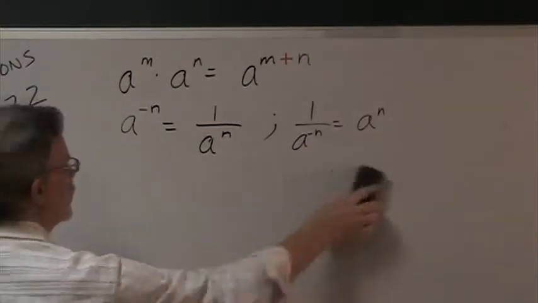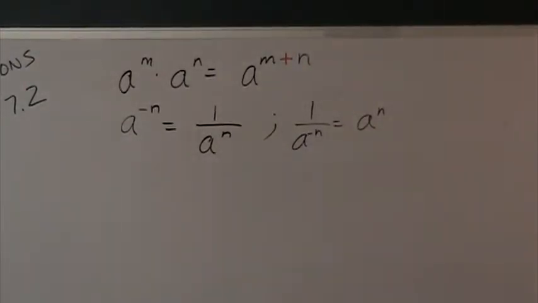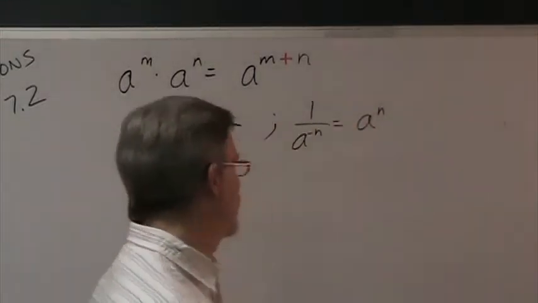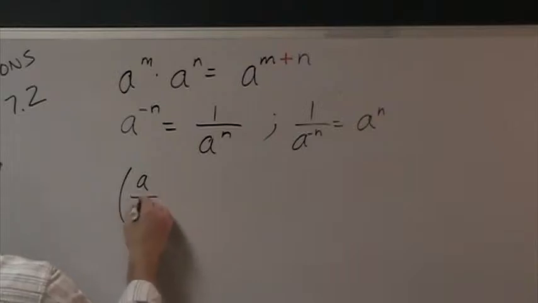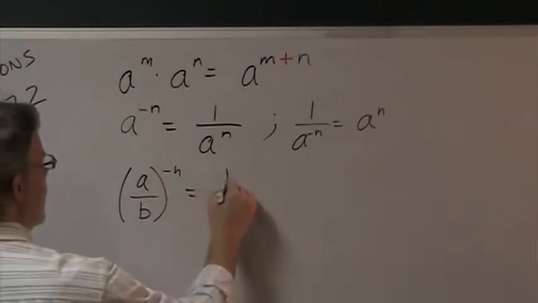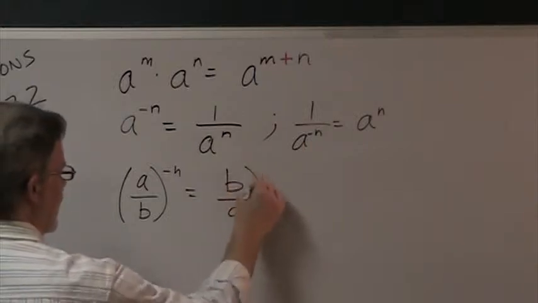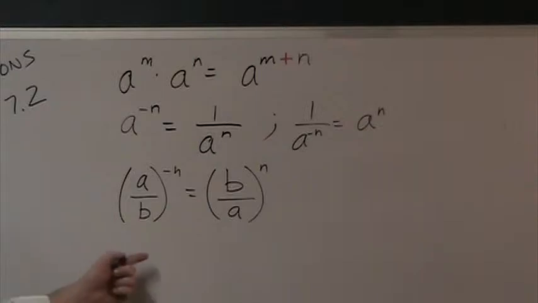The third rule that we want to look at is negative exponents for quotients. Very simply, a to the b over negative n is equal to b over a to the n.